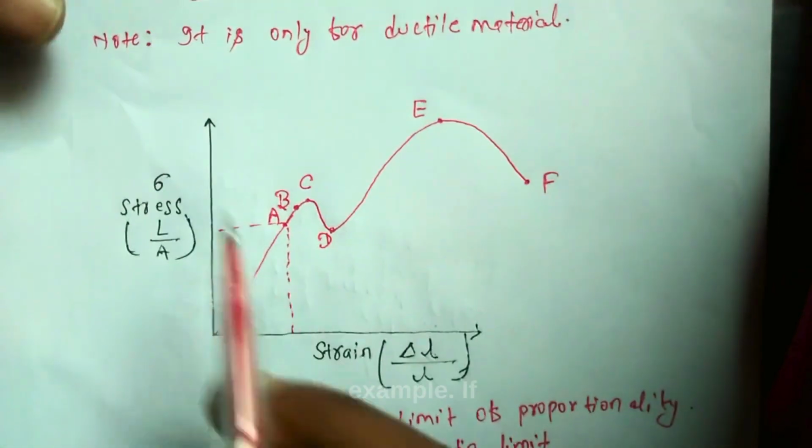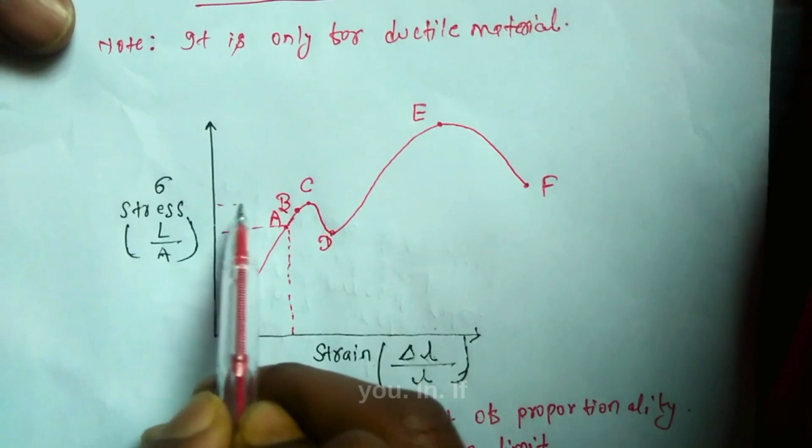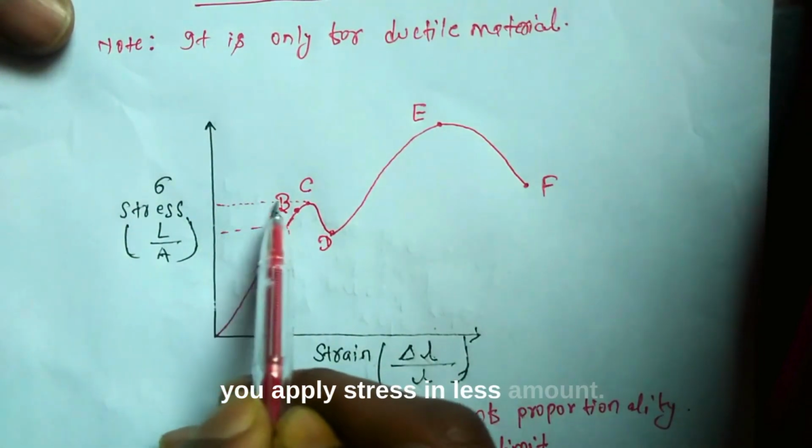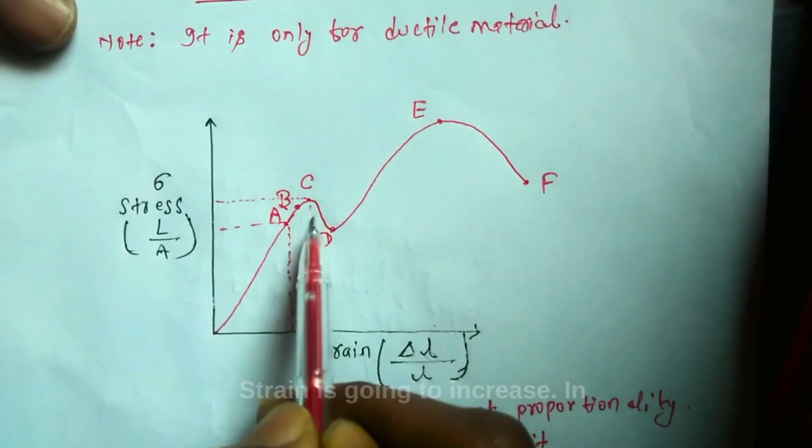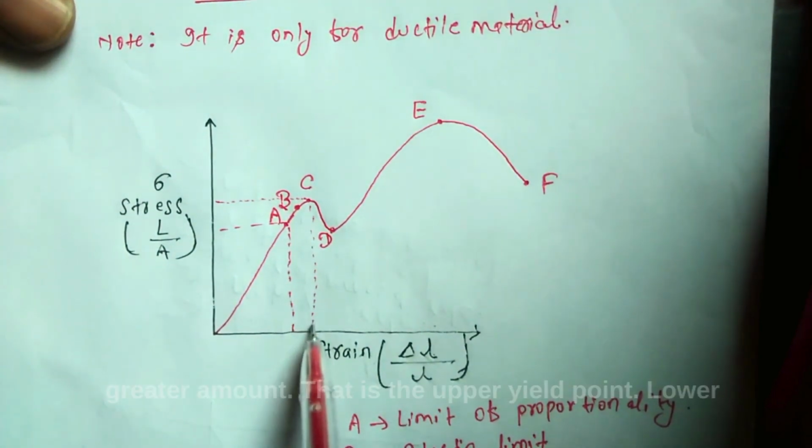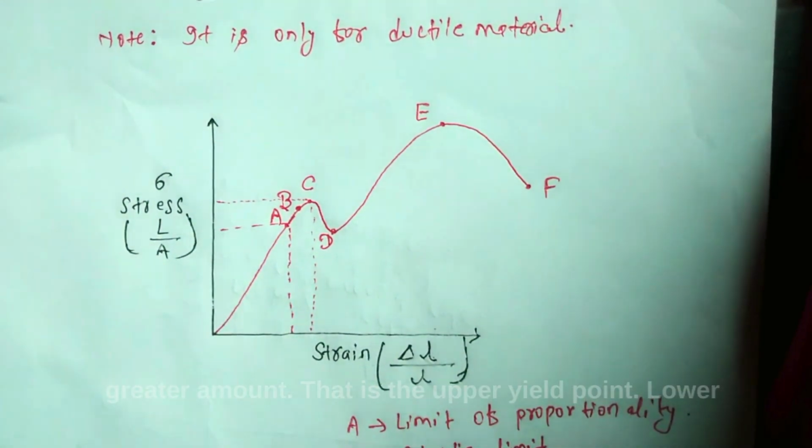For example, if you apply stress in a lesser amount, strain is going to increase in a greater amount. That is the upper yield point.